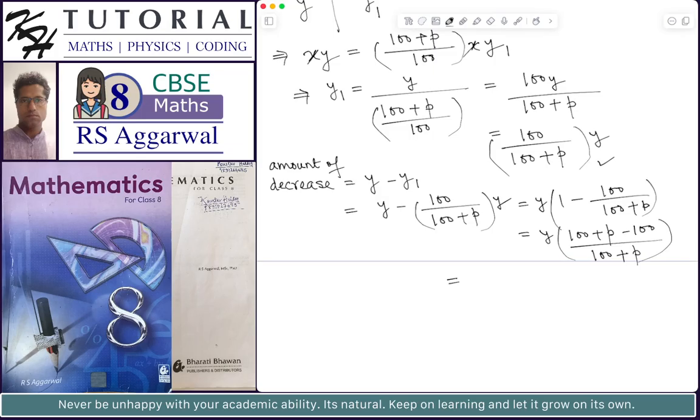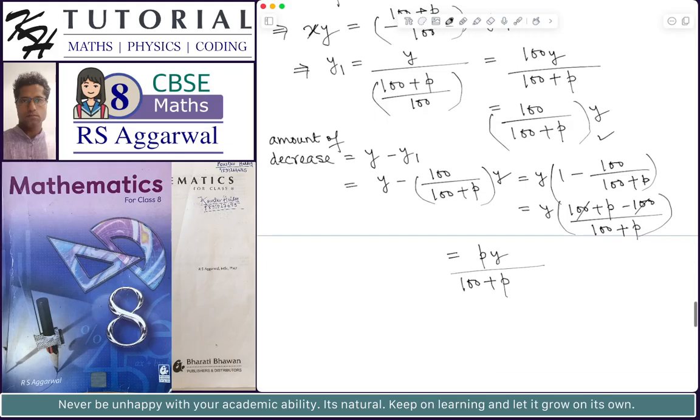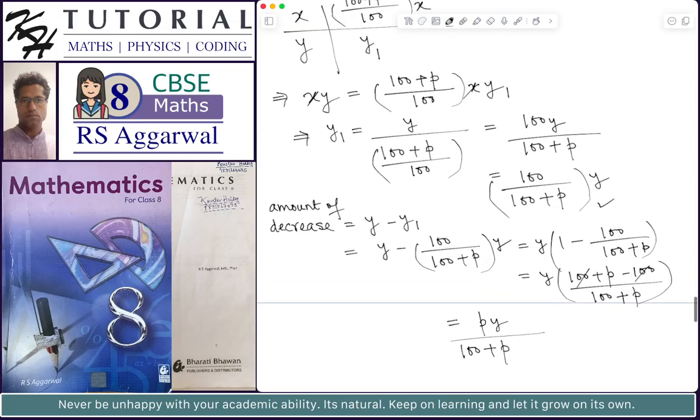So this is equal to, 100 cancels out, p y by 100 plus p. Okay, so this is the amount by which the new value has decreased from the previous value.